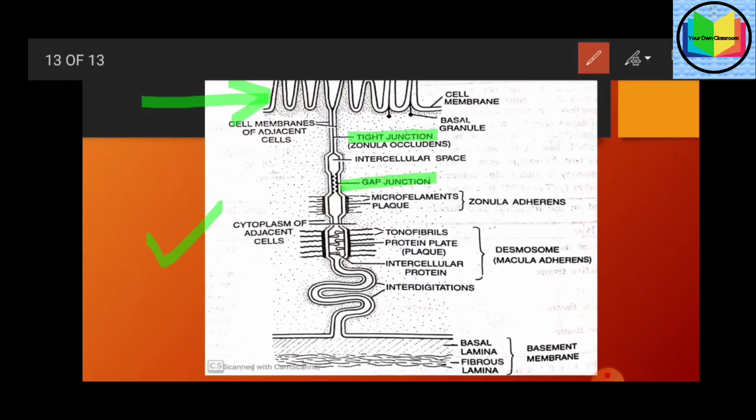Then it shows the gap junction, and then zonula adherens, the location of the intermediate filaments. Then there is macula adherens, interdigitations, and finally the basement membrane.